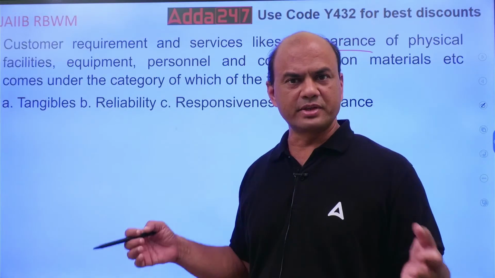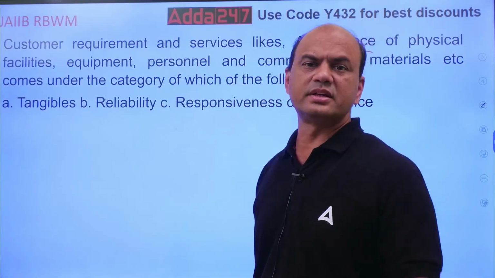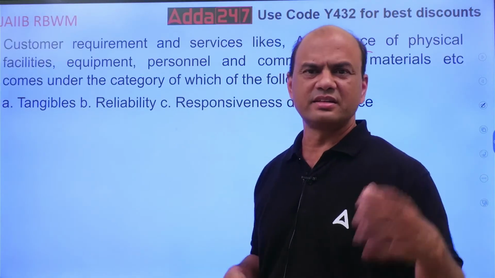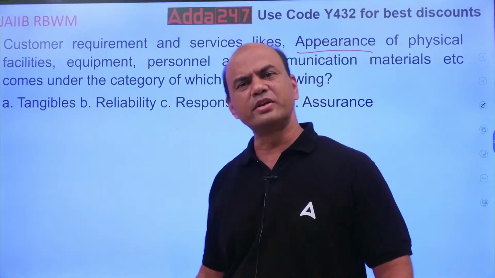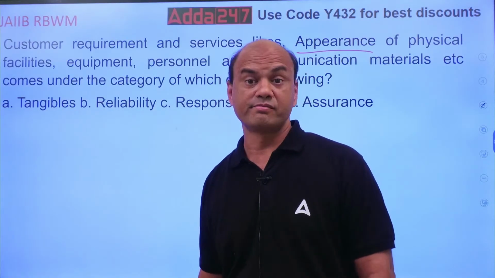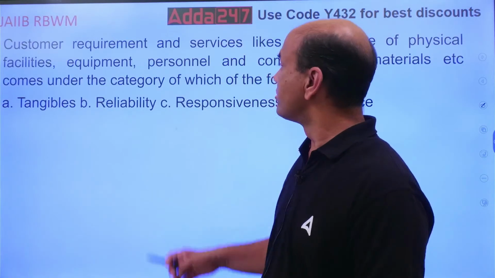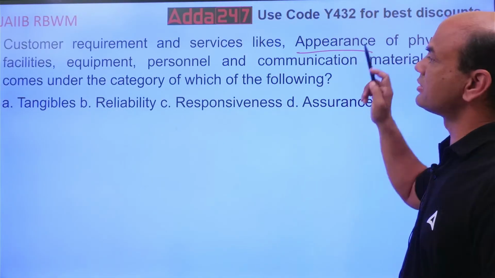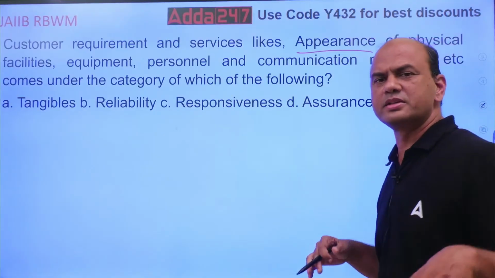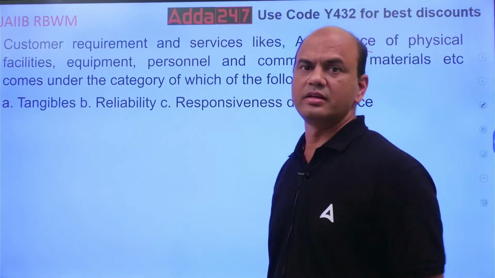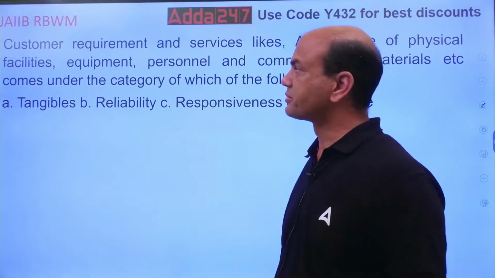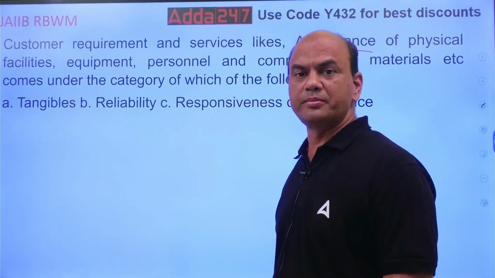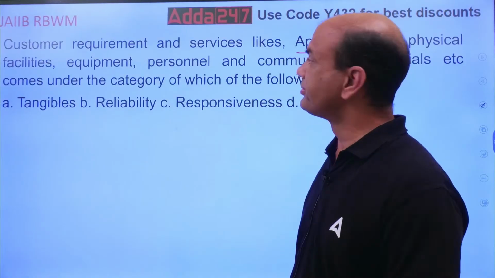Whenever any customer comes into the branch, if he sees dusty branches, dusty fans, files lying, employees not there on the table, that is all appearance. But if he sees appearance of physical facilities, very good, polished branch, posh, clean, lights everywhere, equipment, good personnel to respond, employees responding immediately.